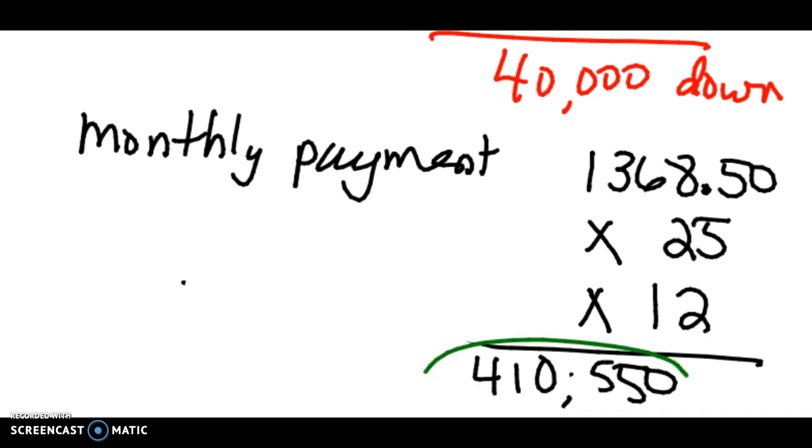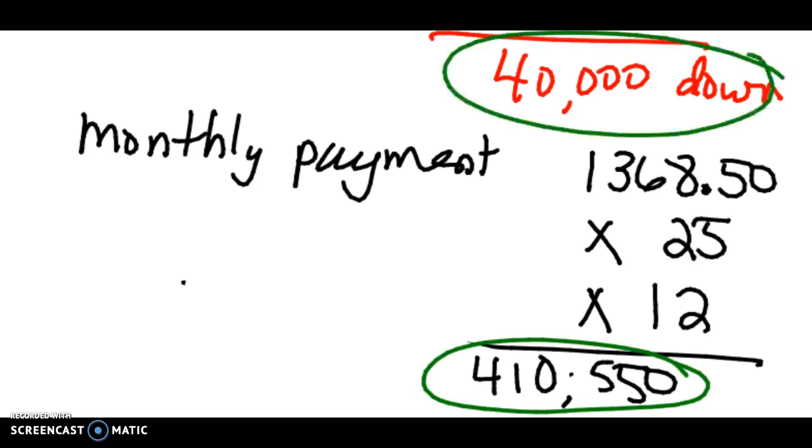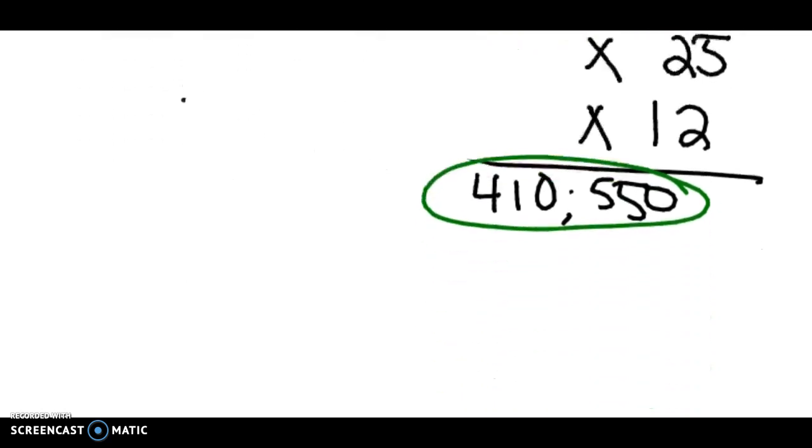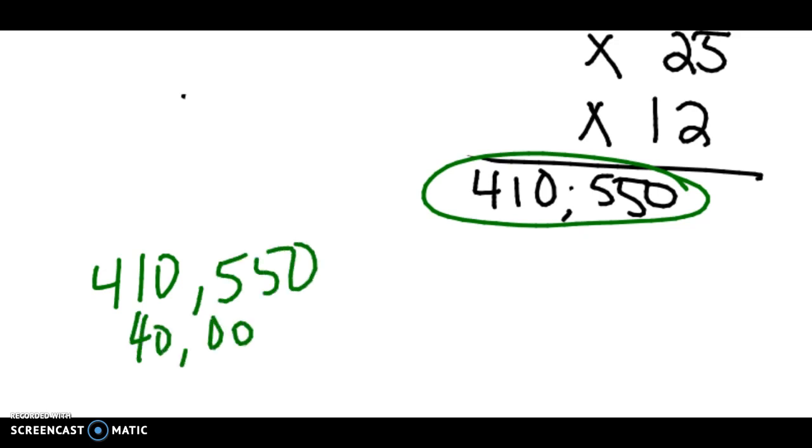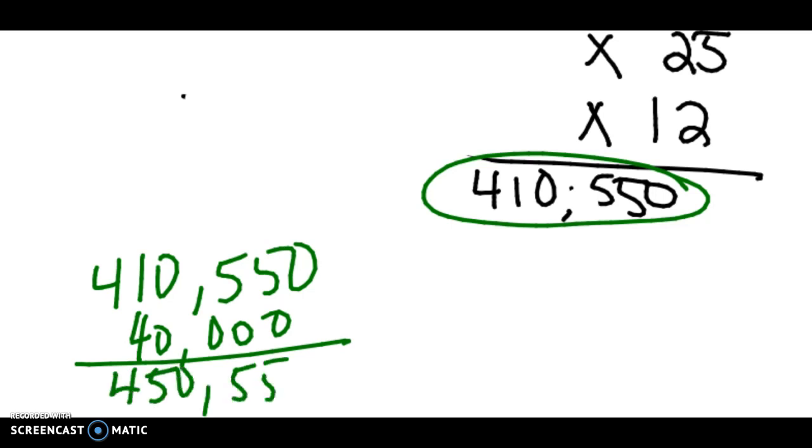So in total, for this home, they are going to pay $40,000 plus $410,550 for a grand total of $450,550. So this is the answer to part A, how much Martin and Laura pay in total for their house.